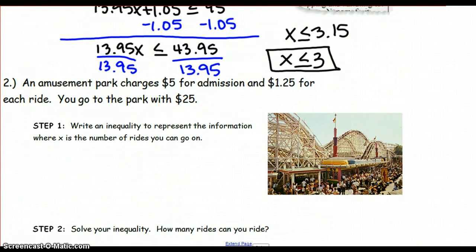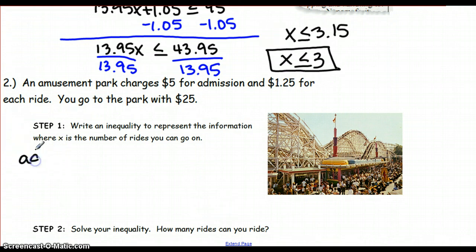Number 2, an amusement park charges $5 for admission and $1.25 for each ride. You go to the park with $25. Step 1, write the inequality that represents the information where x is the number of rides you go on. We know that you have to pay admission when you go to the park.